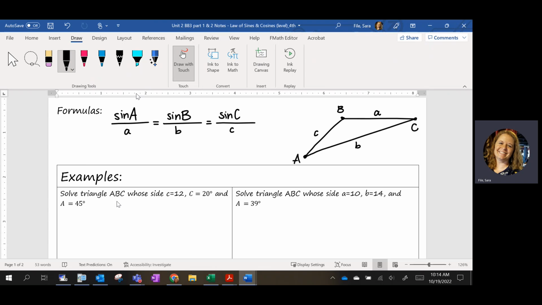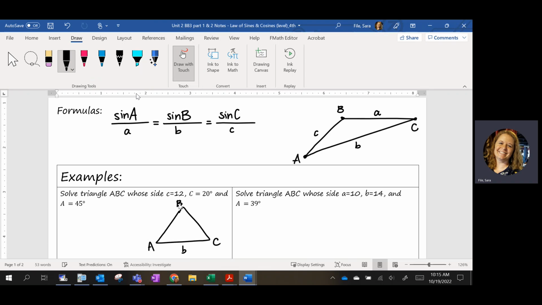It says solve triangle ABC whose side C is 12, angle C is 20, and angle A is 45. I'm just going to sketch a triangle. I'm not drawing these to scale or anything. I'm going to label ABC.